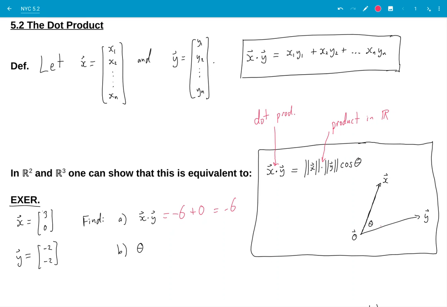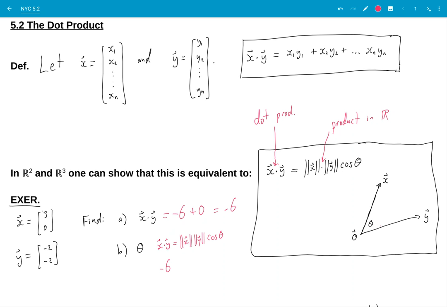For part B, we're going to use this formula to find theta. So x dot y is equal to length of x, length of y, cosine theta.